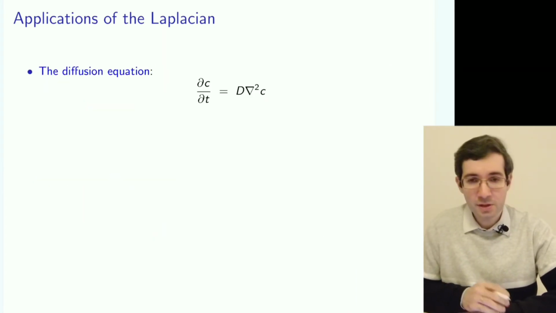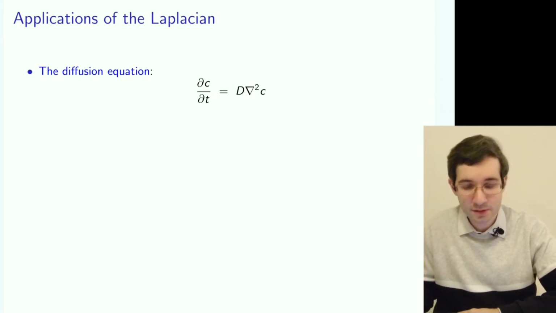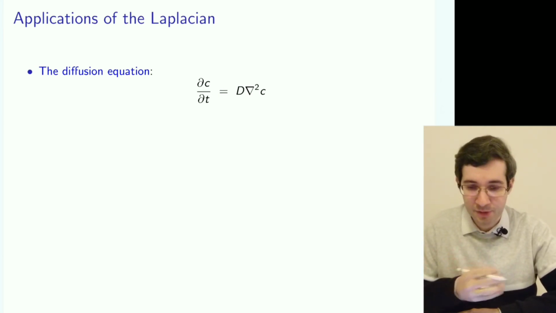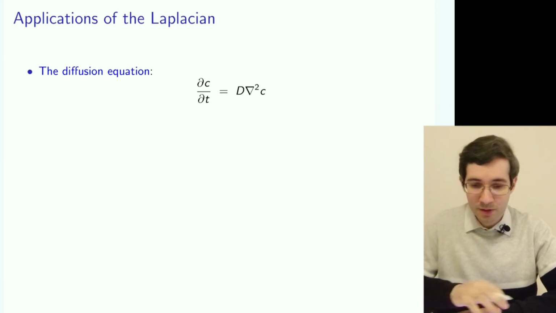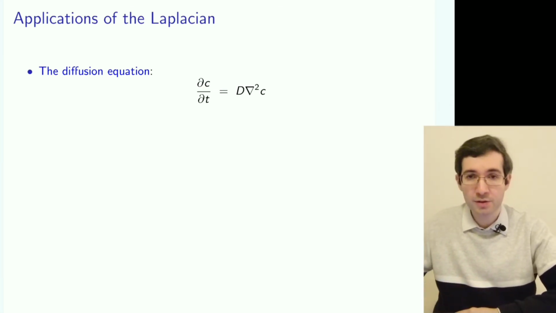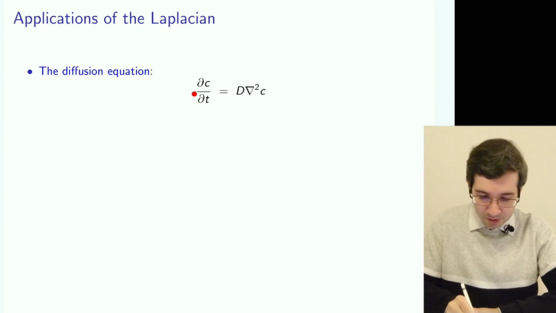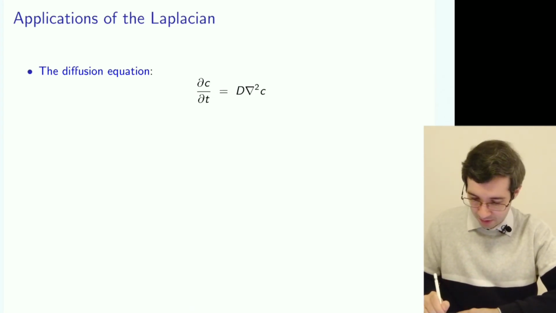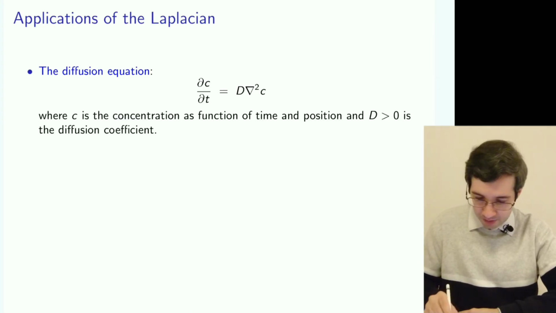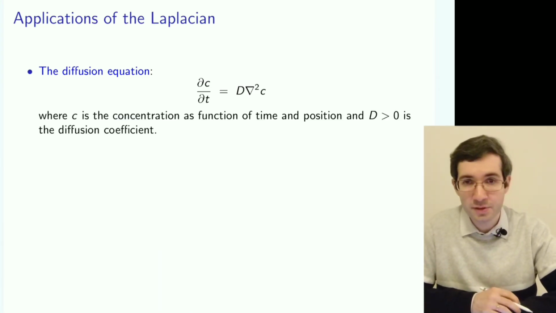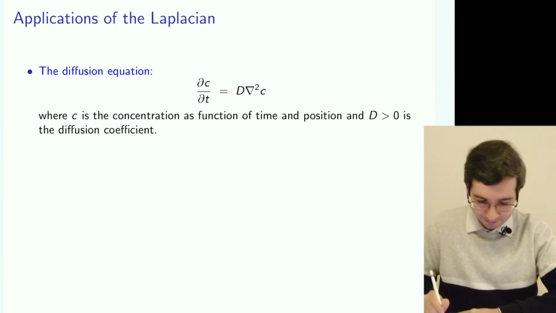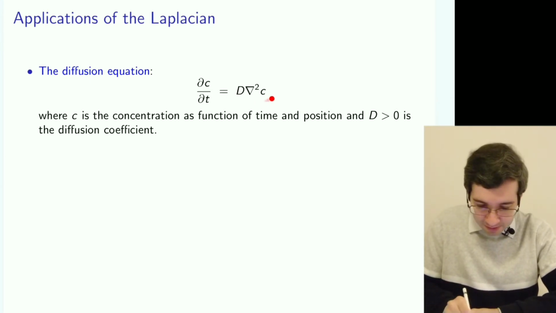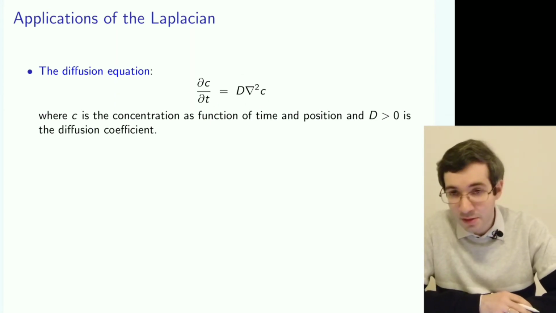Or you can think about diffusion. Again, you have some substance which is spreading, for example mixing very slowly and just diffusing around by molecular diffusion. Then this is the equation which describes and predicts the concentration as a function of time and space. And here D is the diffusivity, the given property. You can see that it's exactly the same form as the heat transfer.